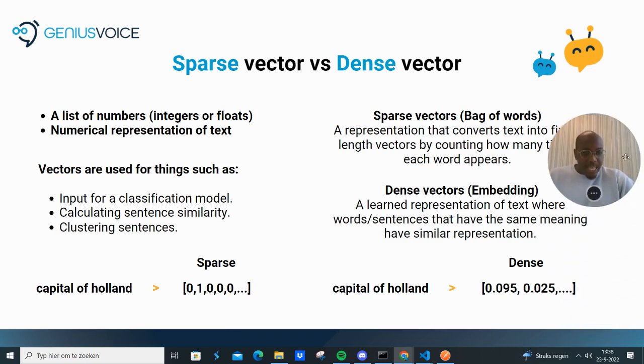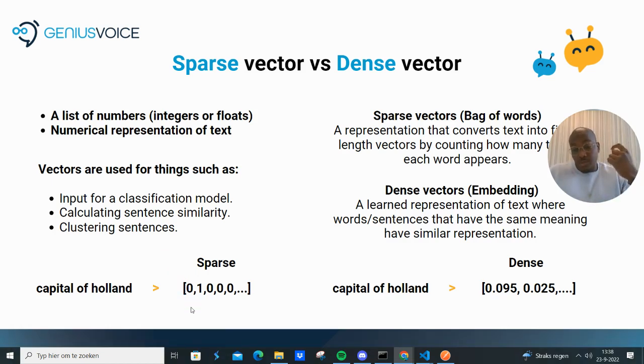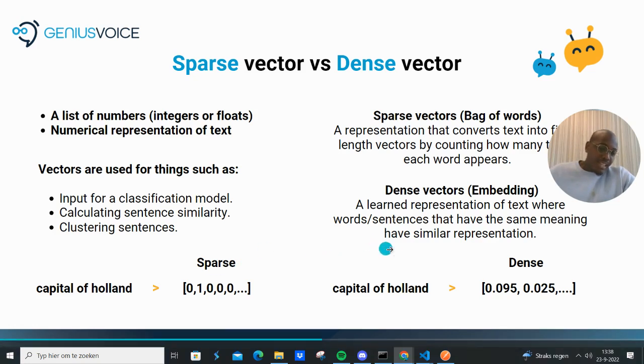And if we look at an example here, we have a sentence, capital of Holland. And if we would convert this into a sparse vector, then it would look like this. So it will contain integer numbers with zeros and ones and twos, depending on how many times a word occurs in a sentence. And on the right side, it looks a lot different for a dense vector.